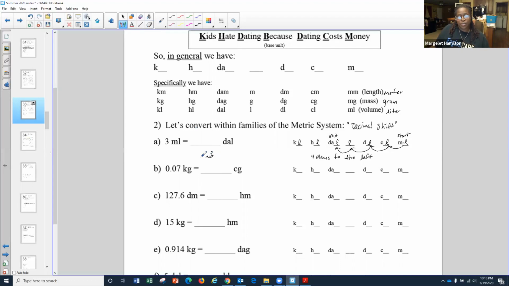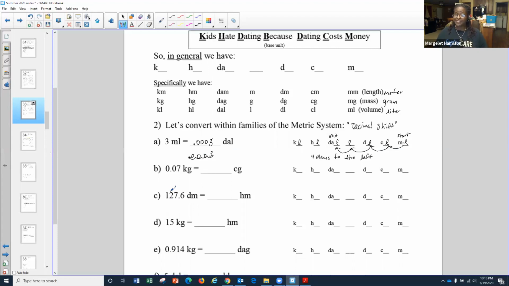So 1, 2, 3, 4. Here's my new decimal point. I'm going to fill these spots with zeros. And so my new number converted is 0.0003. That's my number.